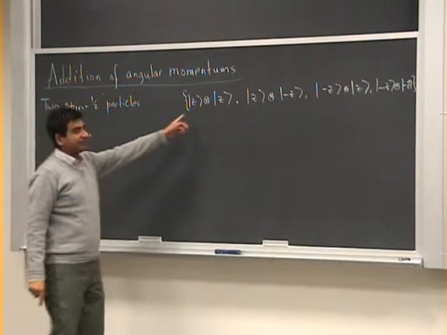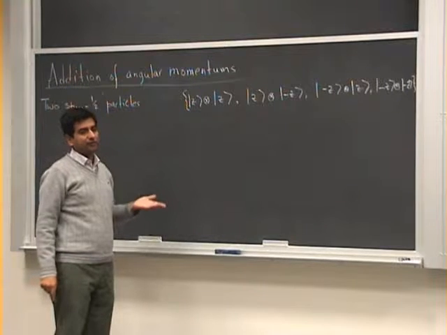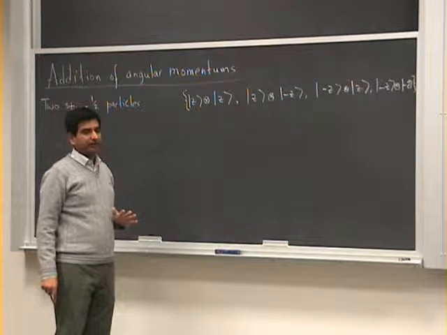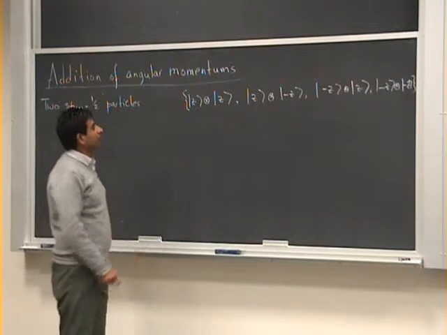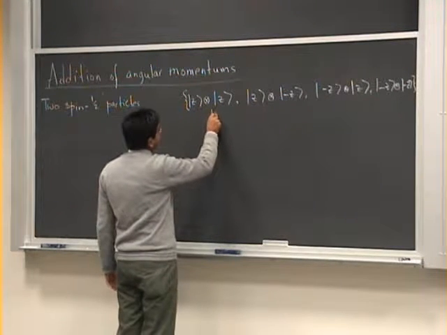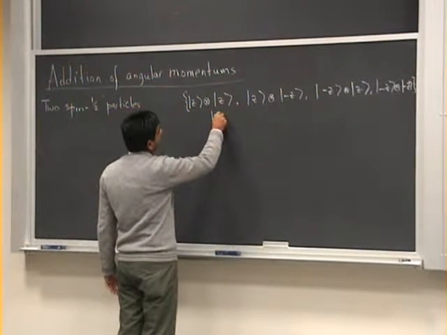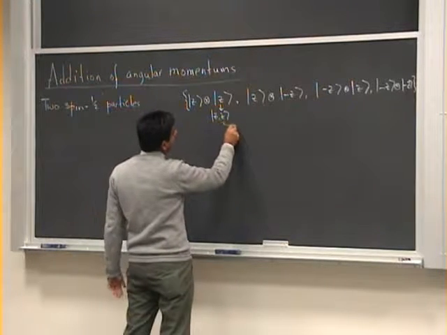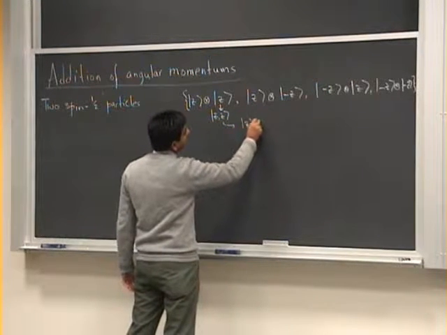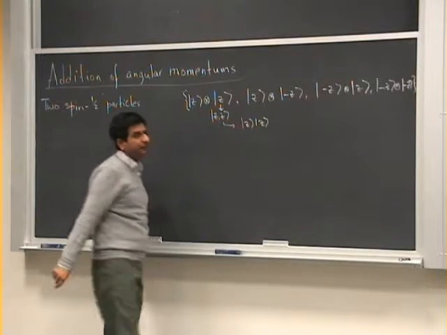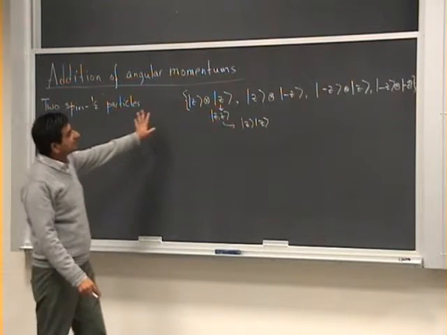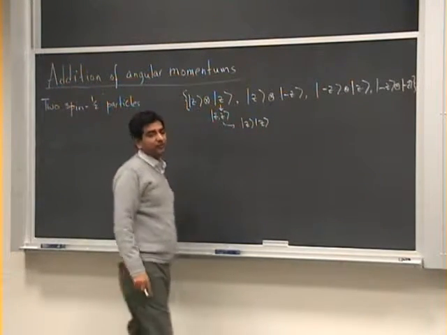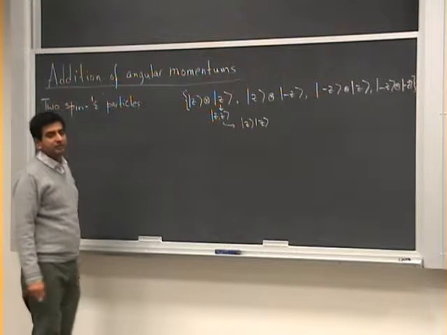Where these |z⟩'s are eigenstates of the Sz operator. So a shorthand notation we all know for writing this is |z, z⟩. This can be written as |z, z⟩, or it can also be written as |z⟩|z⟩. So there are different ways of writing the same state. So this forms a natural basis for the four-dimensional Hilbert space.